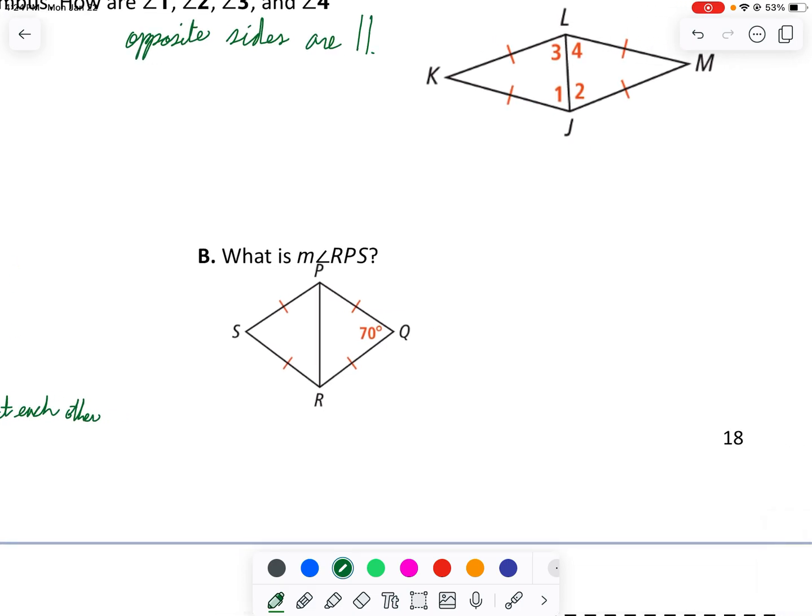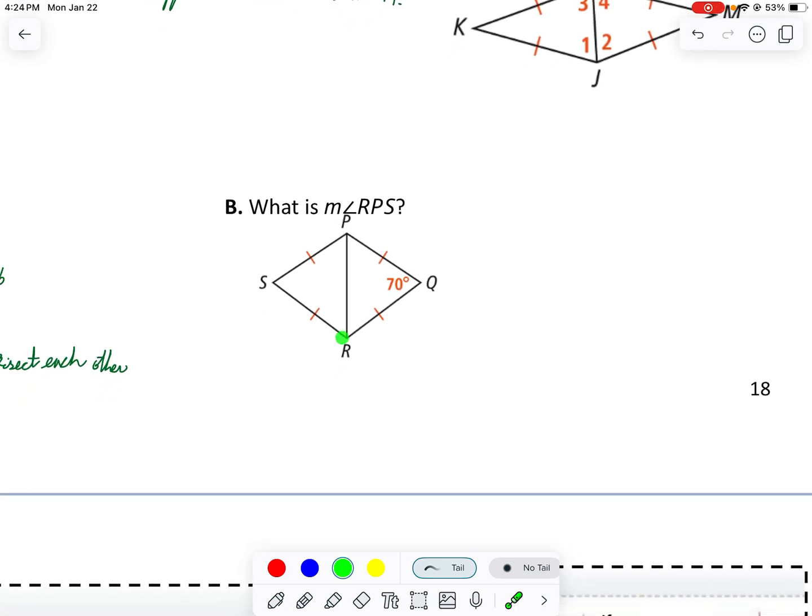Well, you might see some relationships between the triangles again. Again, building up in that understanding so you can make a proof. If this is 70, what's the measurement of that? Okay. Oh, and what is the measurement of RPS? For this, I want you to think about the fact that it's a rhombus, the fact that you've got some congruent triangles. Think about what the shortcut is for those congruent triangles.